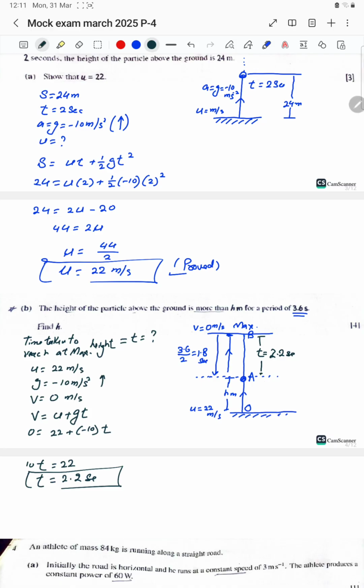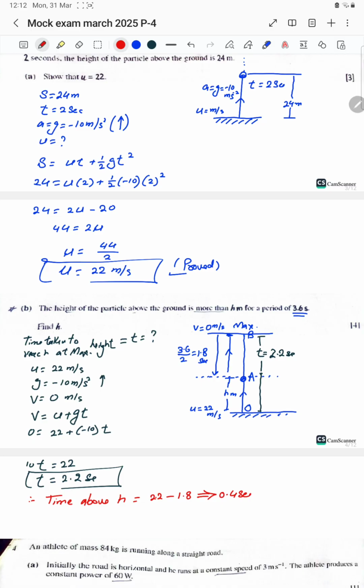This is the total time to reach the maximum height. Therefore, the time above height h will be 2.2 minus 1.8, which we have already calculated. We get 0.4 seconds is the time above the maximum height.